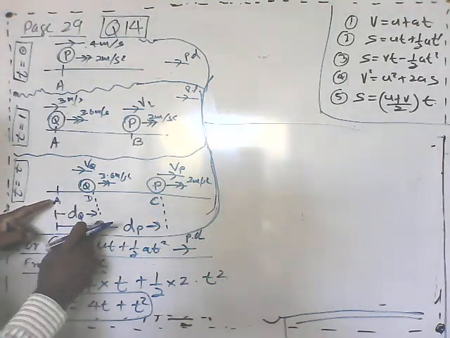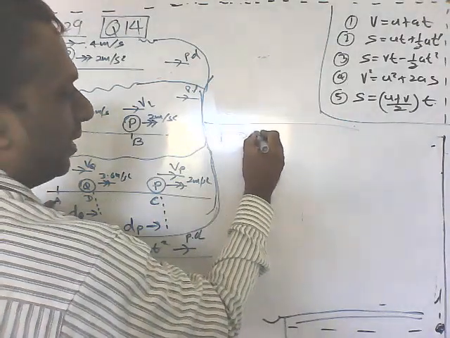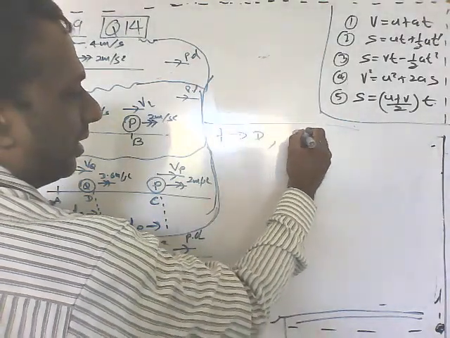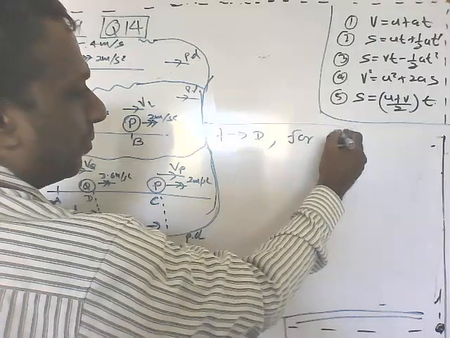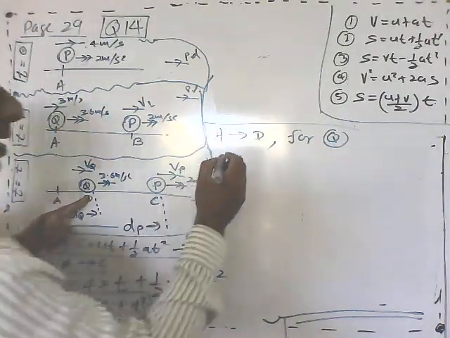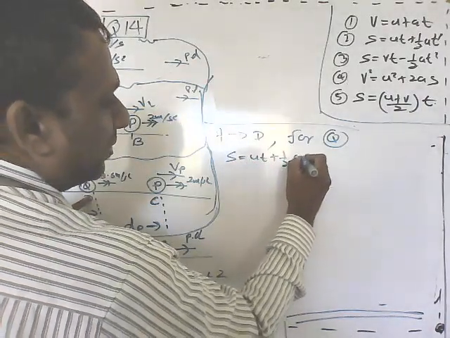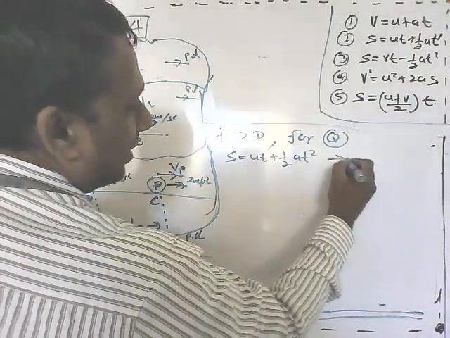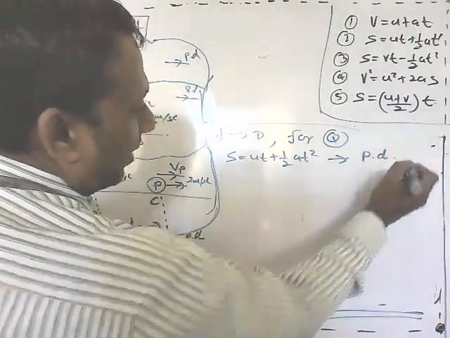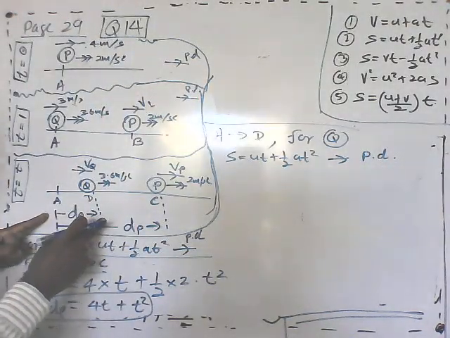For dQ we are going to consider section A to D. For Q, the particle is Q, the section is A to D, and the equation we are going to use is s equals ut plus half at squared. The positive direction is to the right side. Now A to D, how much has this fellow gone? dQ.